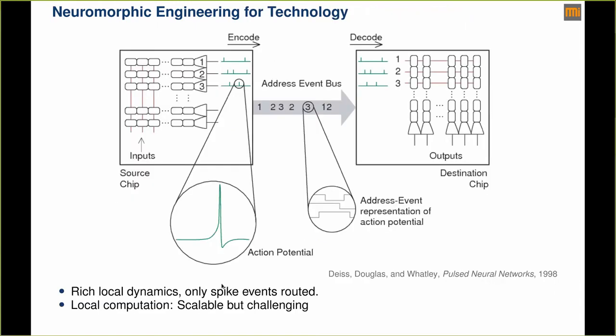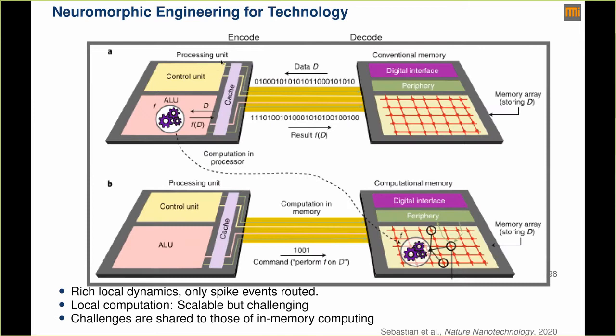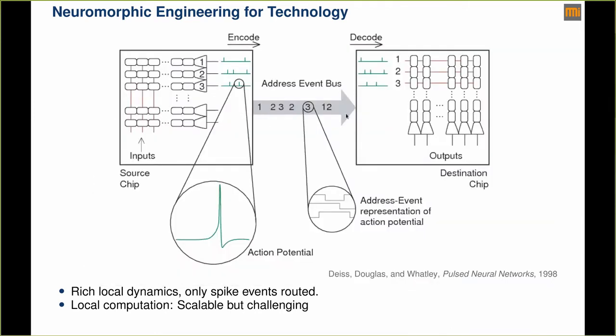So one of the main ideas of neuromorphic hardware is that the processes or the circuits communicate through address events. This is one of the early figures representing the address event representation, in which you have these neurons on the horizontal bars that emit these events that are encoded into a common bus and decoded at the receiving end.